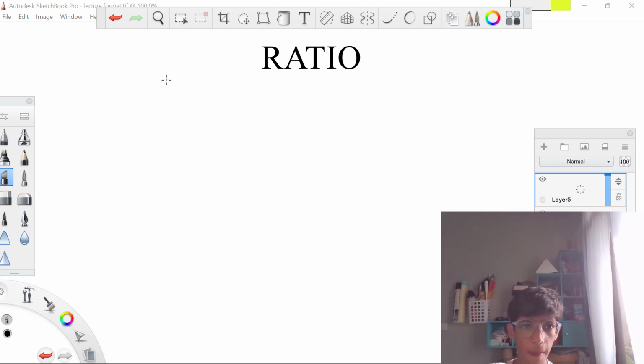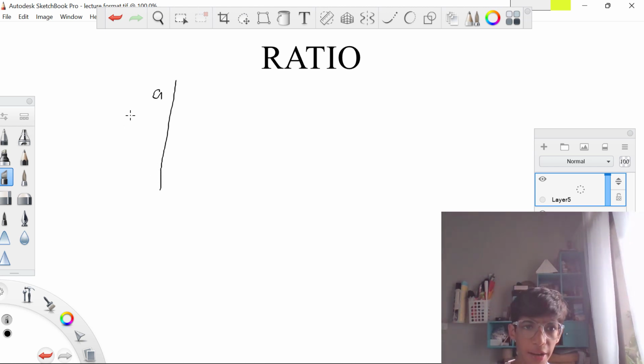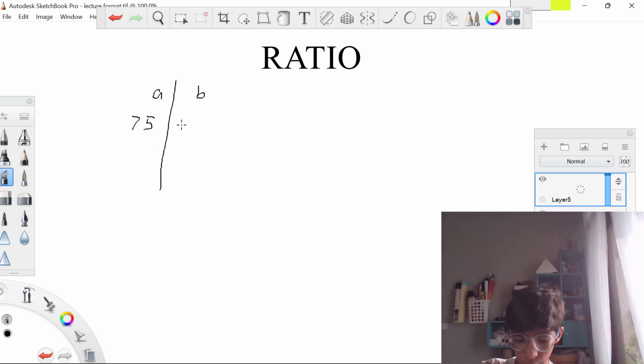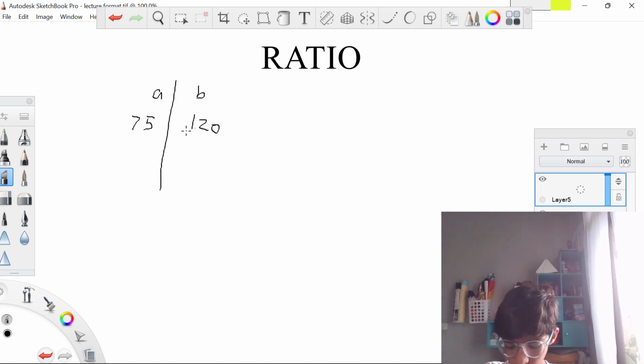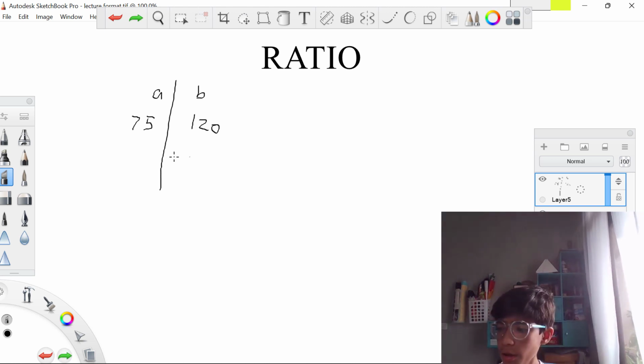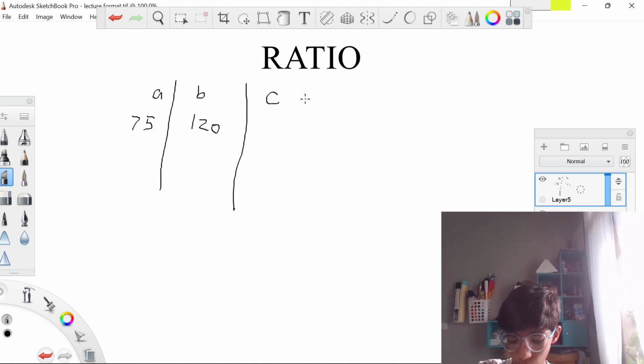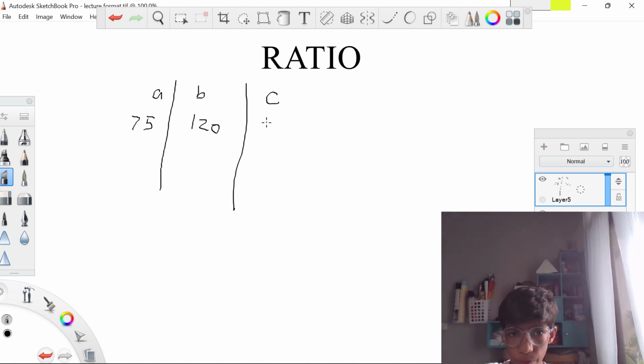So they're saying that A is 75, B is 120, and C is 132.